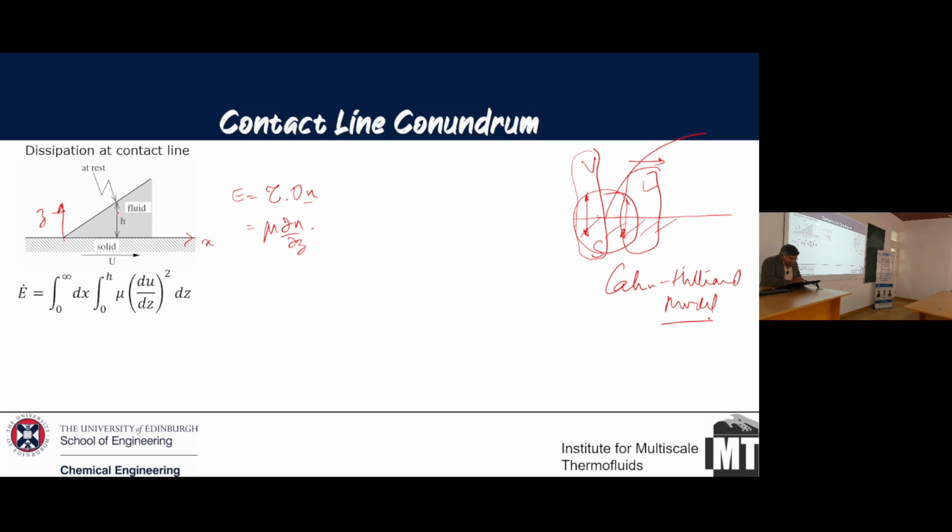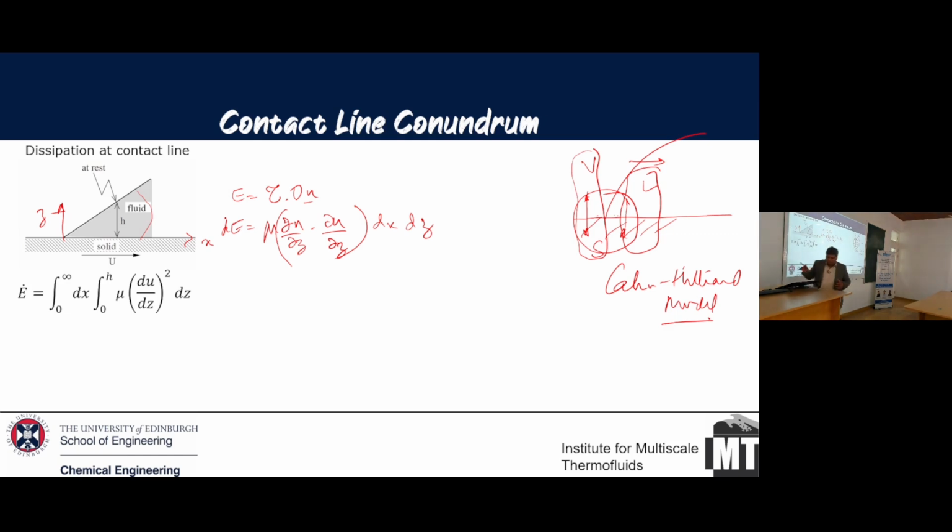Because this is one dimensional, you've got a velocity profile, and there could be a del u by del z here. So you would have mu del u by del z times mu del u by del z, and obviously you would have it on this area. So this is an area parameter: some kind of a dx, some kind of a dz, and that is the energy that is there. If I want to calculate the energy dissipated at the contact line, it is something of this form.